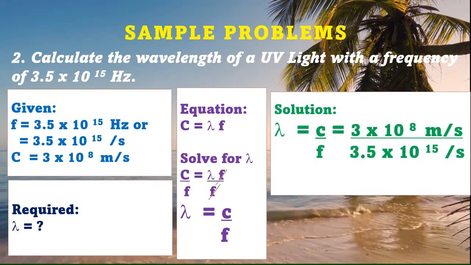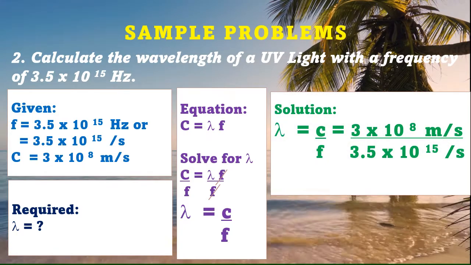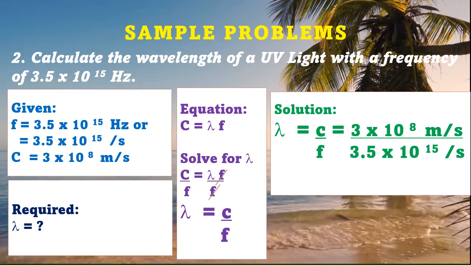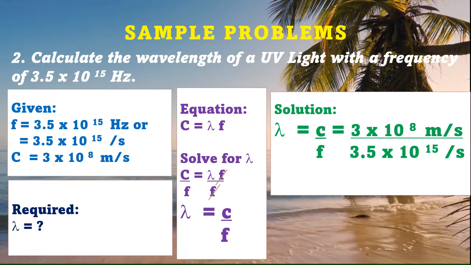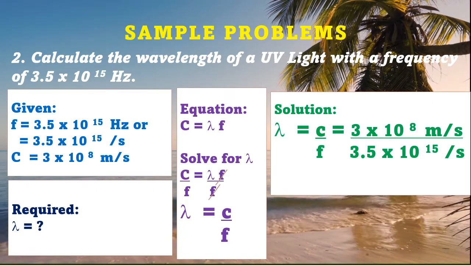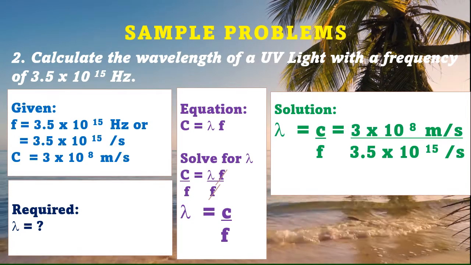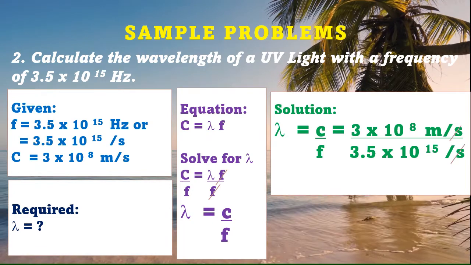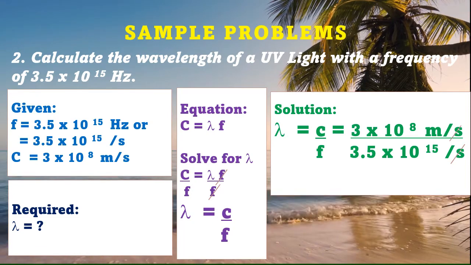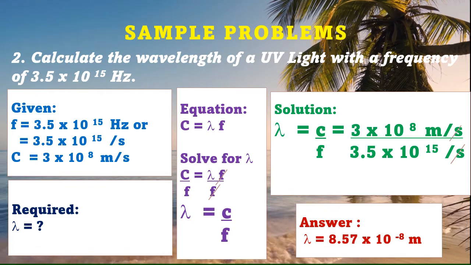We can now substitute the values. Speed of light is equal to 3 times 10 to the 8 meter per second divided by the frequency, which is 3.5 times 10 to the 15 per second. We can cancel units, and then the answer would be 8.57 times 10 to the negative 8 meters.